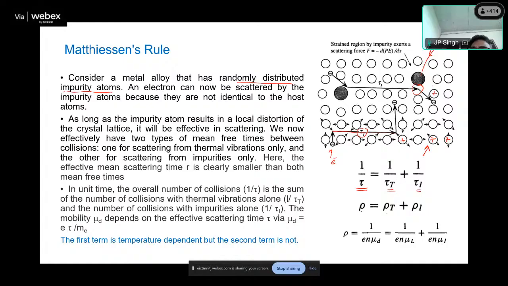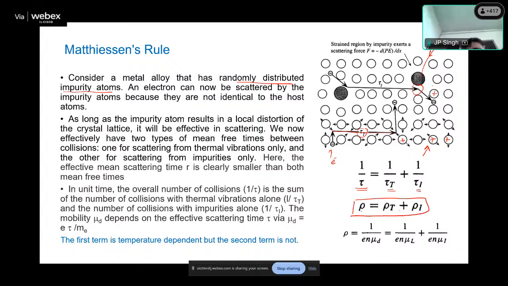Based on that, because of the difference in mean free time we have two events, so the resistivity will have two parts, the lattice and the impurity.